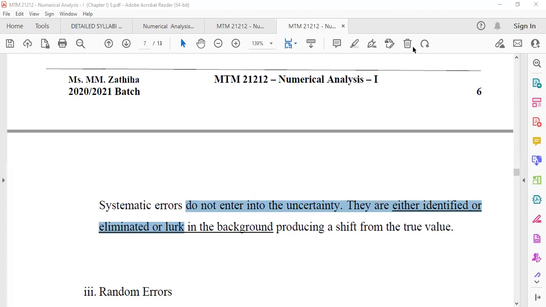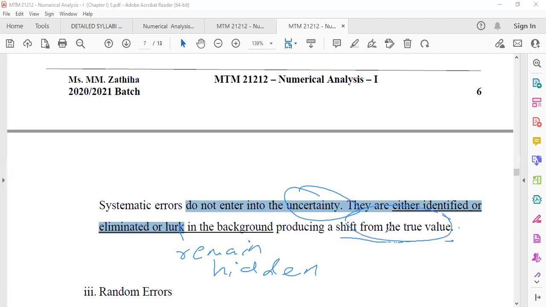So systematic errors do not enter into the uncertainty. They are either identified or eliminated or lurk in the background, producing a shift from the true value. So it will give you some error. That's what it says.